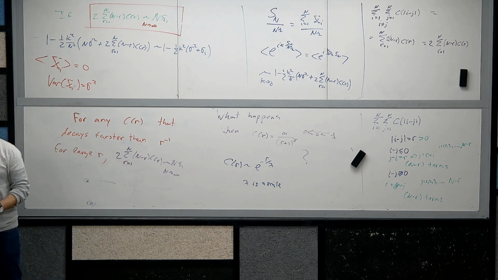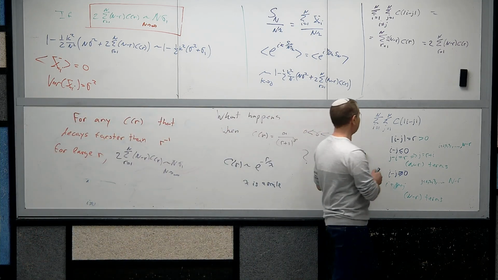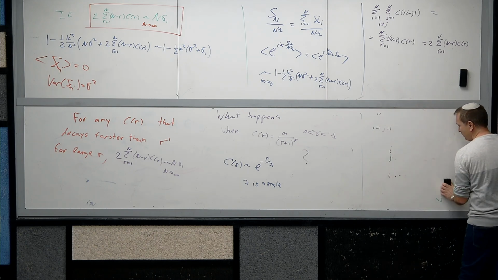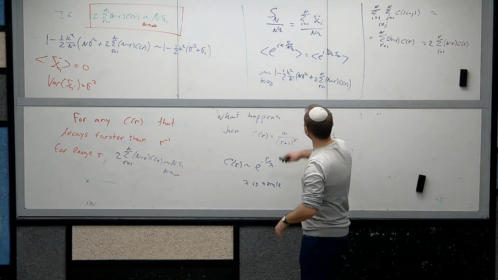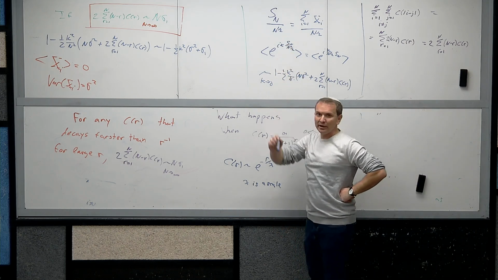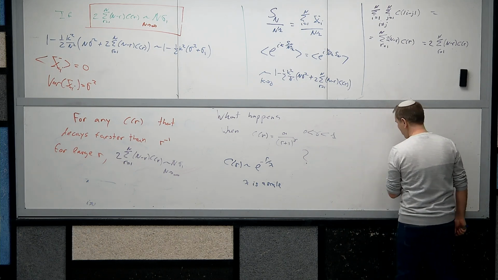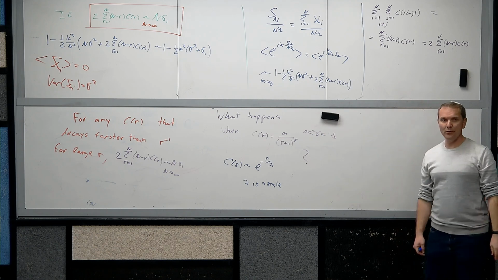So what happens here? The idea is exactly the same, but previously we rescaled everything by n to the power 1/2. Now I will say, well, we don't know if it's 1/2.